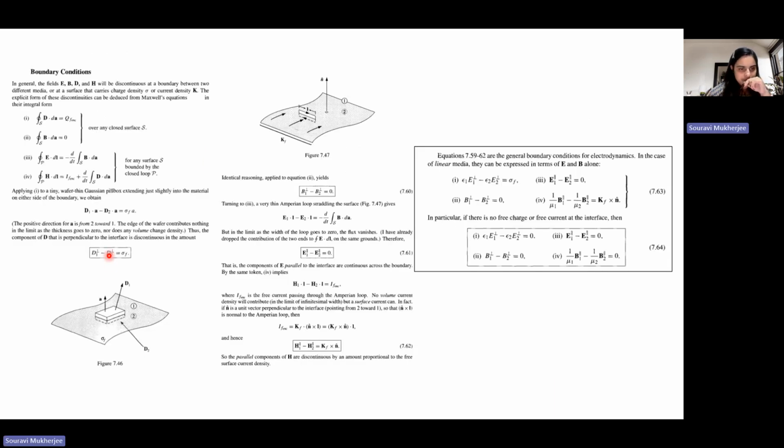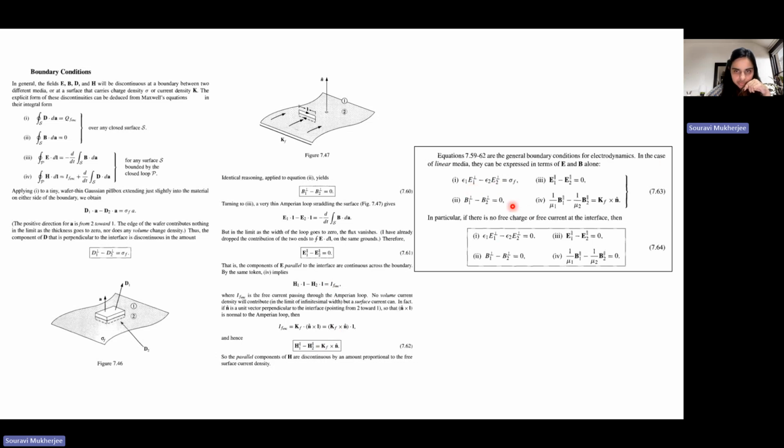So all these different conditions. If you have some net surface charge, then the normal components of D will be discontinuous. But if sigma goes to 0, then this leads to this relation, and similarly the others.